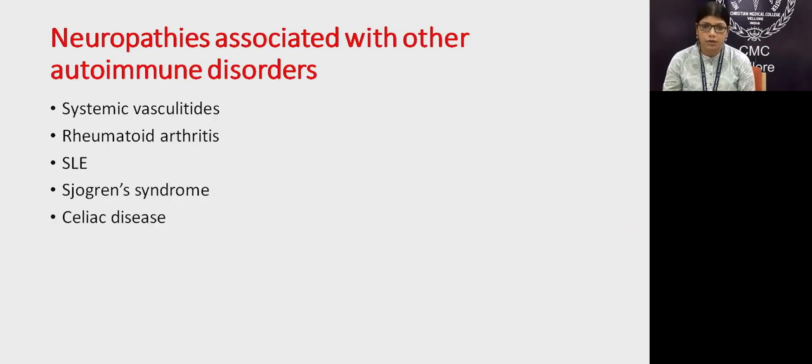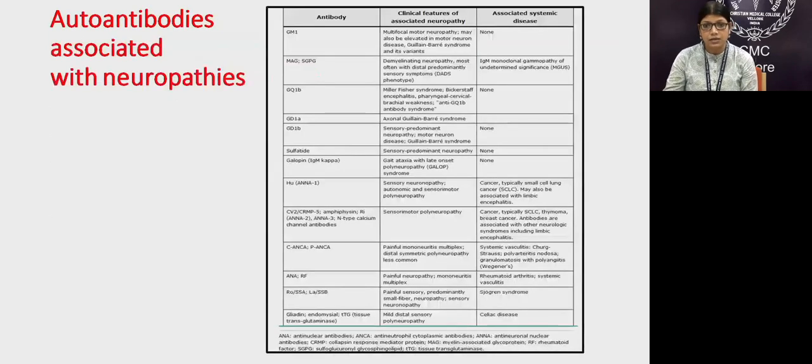So the most important thing is that these 5 syndromes are the most common ones which we see in our clinical medicine settings: vasculitis, rheumatoid arthritis, SLE, Sjogren syndrome, and celiac disease. They may all present with neuropathy as their presenting symptom. So in this, the autoantibodies become very important.